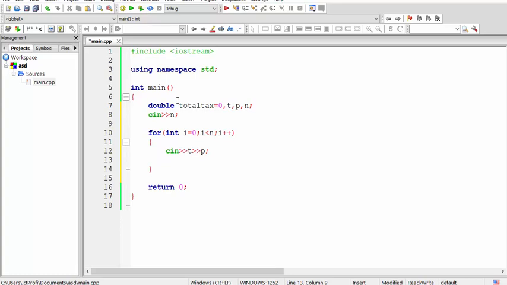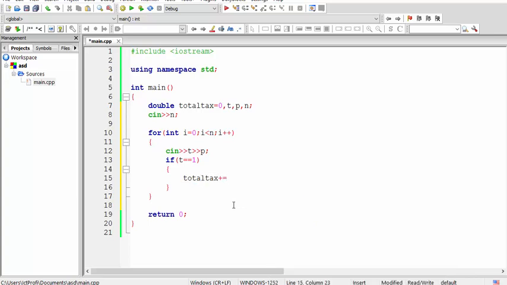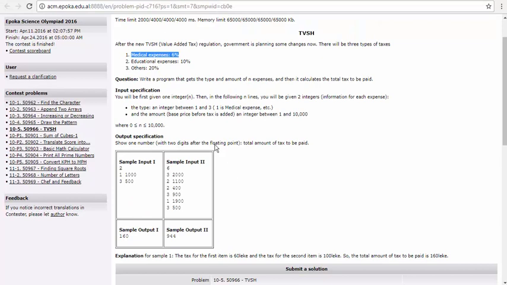Okay, and after that I'm going to check this in conditions, because the taxes are not the same for each type. They are changeable, conditional, based on some condition, which means I'm going to run a condition here. If T equals 1, I'm going to write total tax plus the price times, let me look at the question.